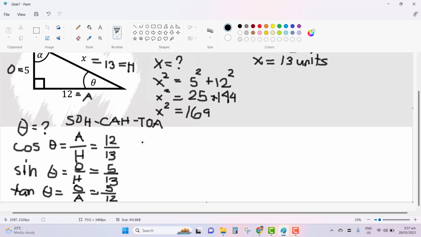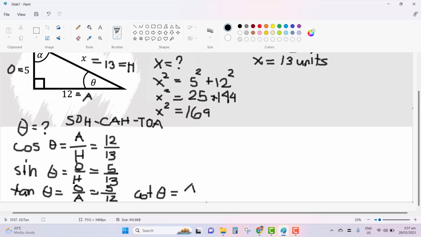And the first one is cotangent. Let me write cotangent here so that I could explain further its ratio. Now, cotangent is just the reciprocal of tangent. So I'm just writing it here so that you could automatically compare.